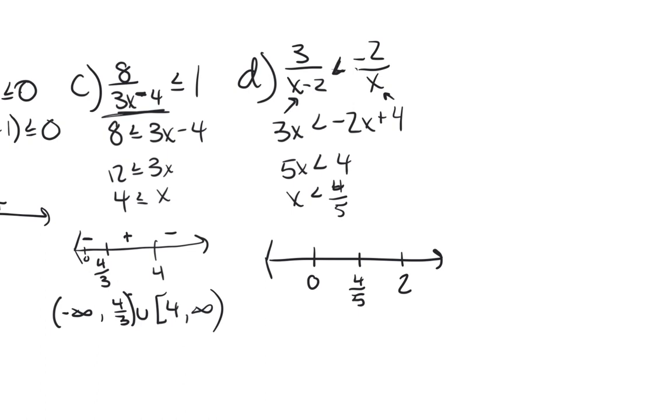So we're going to check to see what happens at each interval. If we plug in a negative number, this will be negative, and that will be positive, so this will be true. And then on our next interval, if we plug in a half, that will be negative.